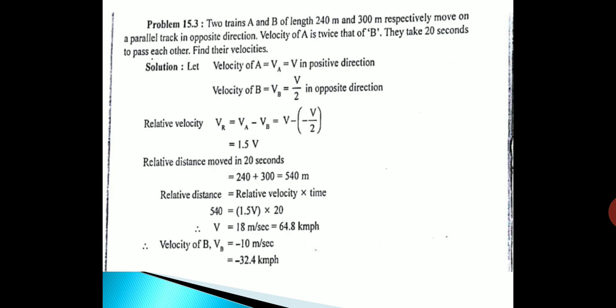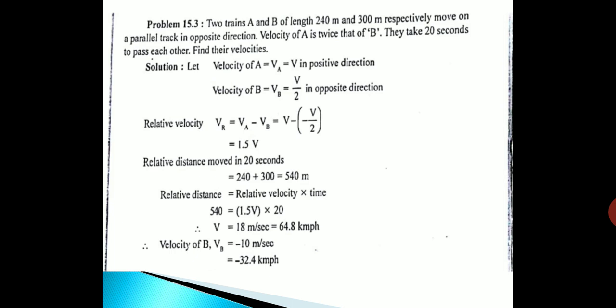Again I am repeating, 2 into VB is equal to VA, or VB is equal to V by 2 in terms of overall velocity. So we get a relative velocity of 1.5 into V. One more important thing is, the minus sign has come twice, hence the answer is plus. One minus is with the formula, the other minus is used because the trains are moving in opposite directions.